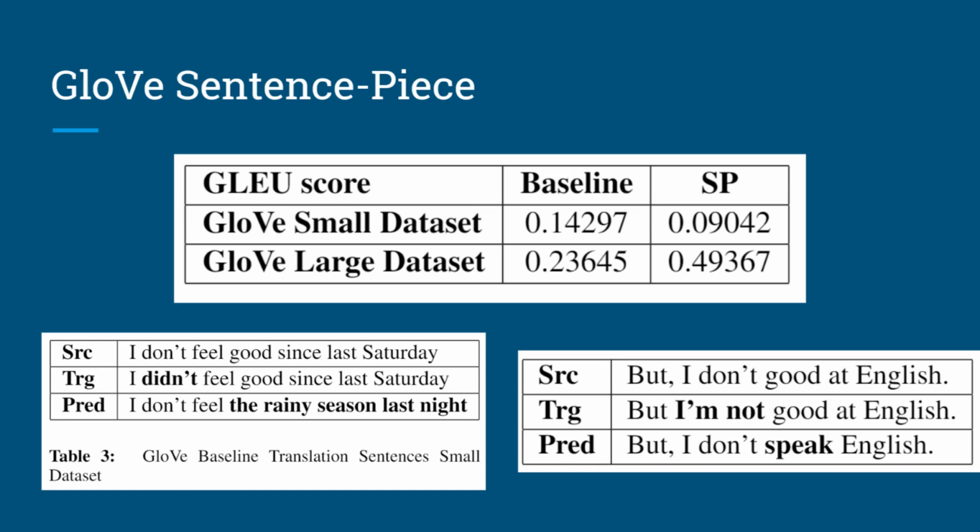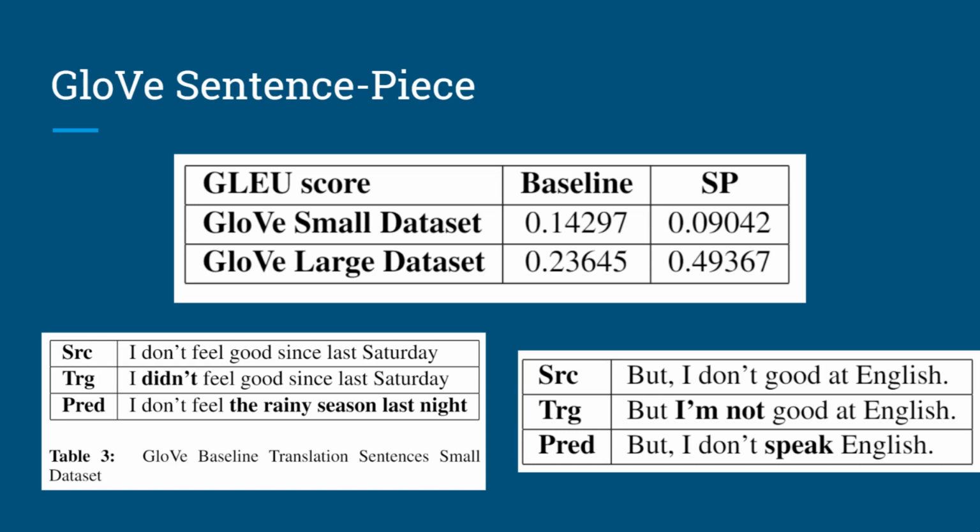If you look at the sentences themselves, this is for the baseline, which is words instead of sentence pieces, and it predicted "I don't feel the rainy season last night," which has nothing to do with "they're feeling sick since last Saturday."